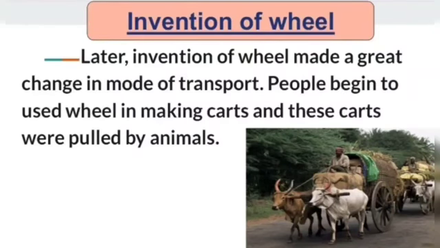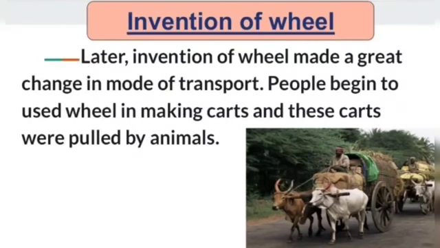Like people began to use wheels in making carts, and these carts were pulled by animals, as shown in this picture. Because of the invention of the wheel, it became easier to transport goods from one place to another place.